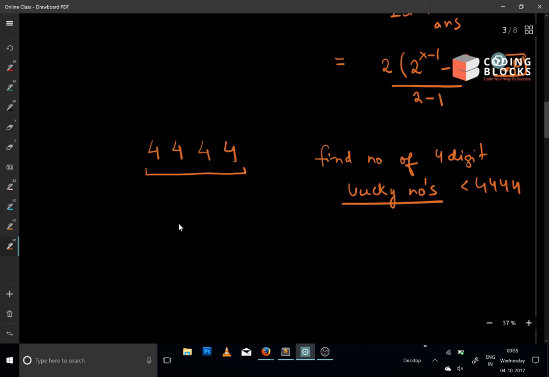Now you know, for this position there cannot be any digit less than 4. Similarly for this one, this one, and this one. So there will be 0 numbers, right?